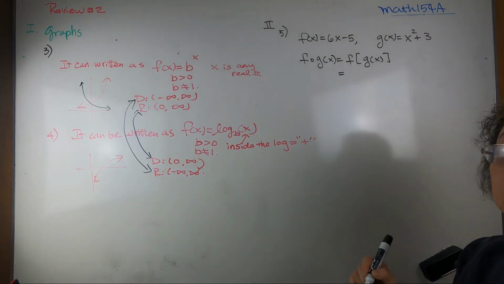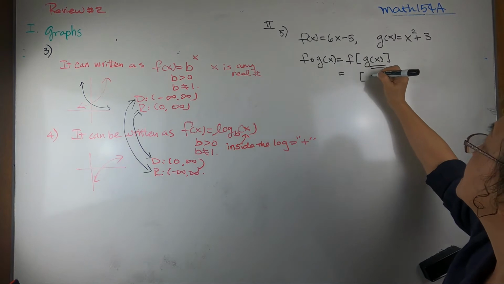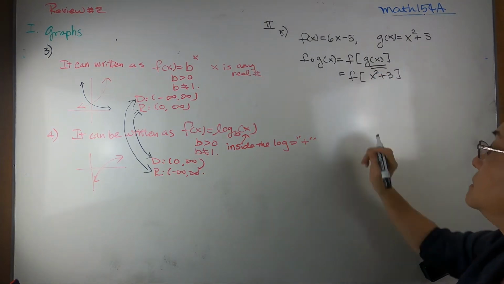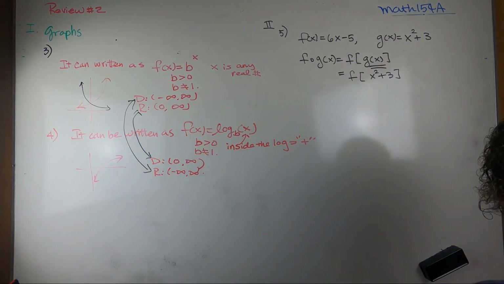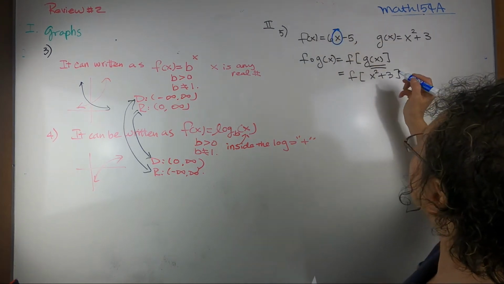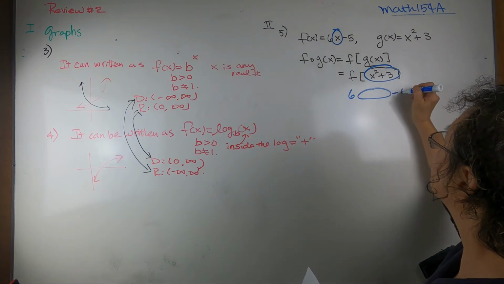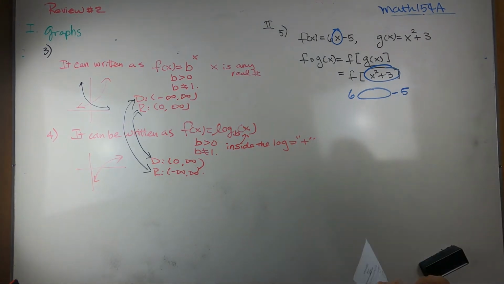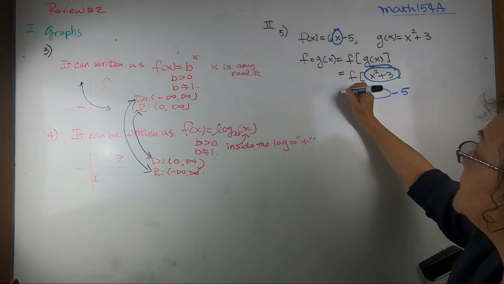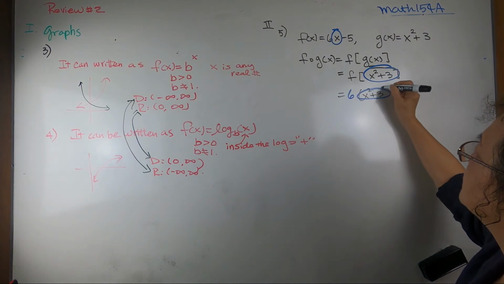So you would do g of x first. Then you will have x squared plus 3 for your f, right? Then f says, whatever you have, you will 6 times it and minus 5. That's how f will relate whatever is put in there to give you the y.